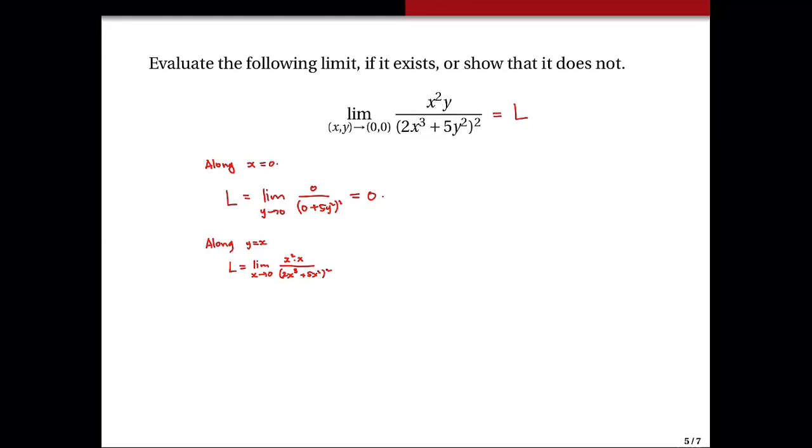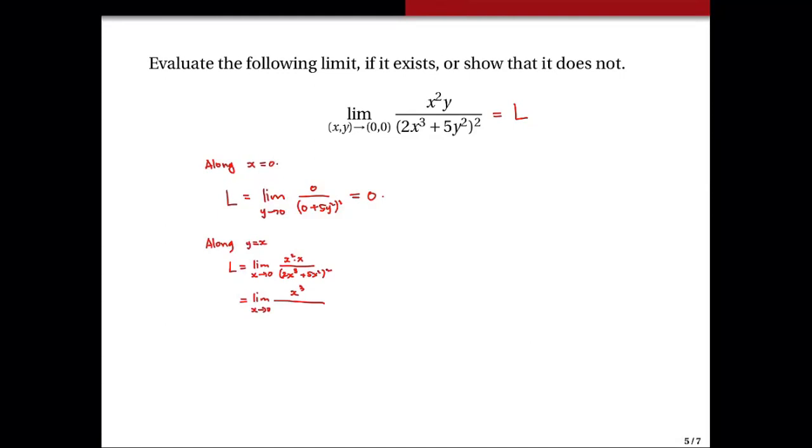And what is this? If you notice, in the limit as x goes to 0, in the numerator we have x cubed.